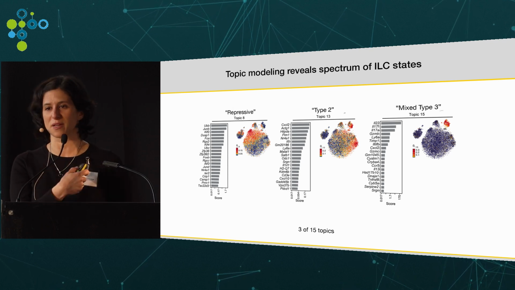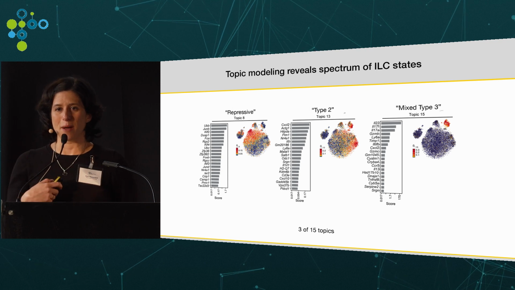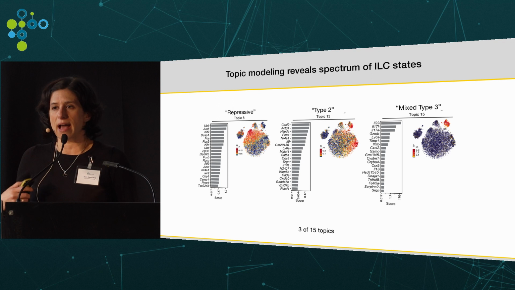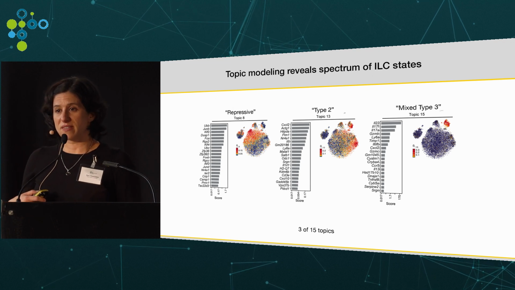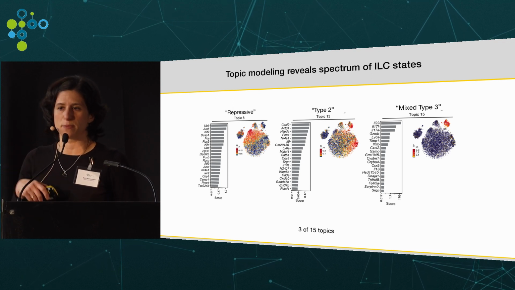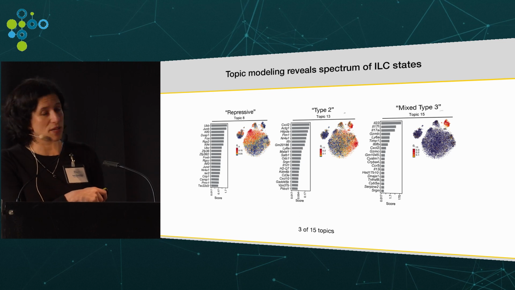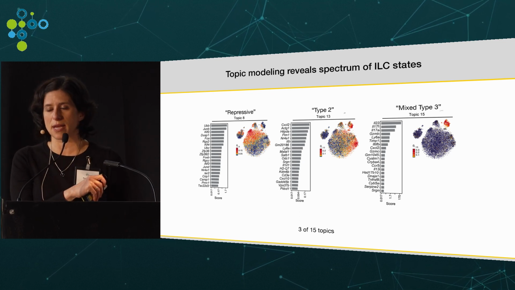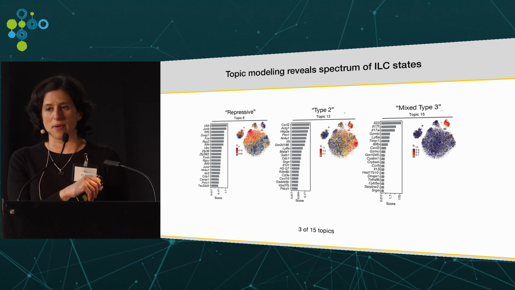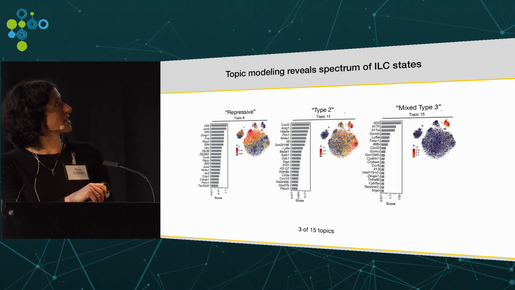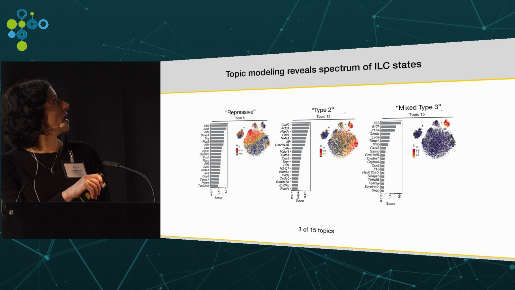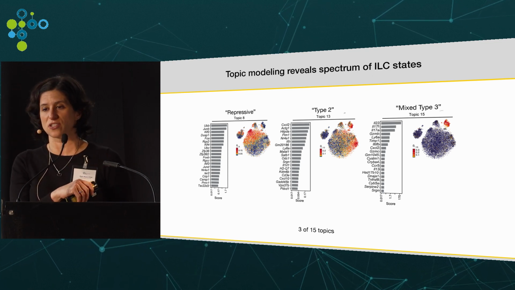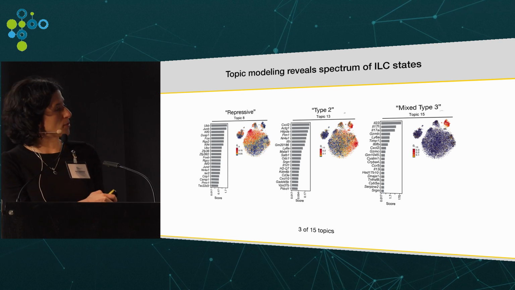It was also up in the untreated condition, so I thought maybe it's actively repressing this ILC3 program that's poised behind the scenes. That was the reason for the name. And the same thing here, this had lots of type 2 genes that I knew, so I named this type 2 and named this mixed type 3. This one in particular caught our attention because it managed to bridge these two clusters, capturing that program.